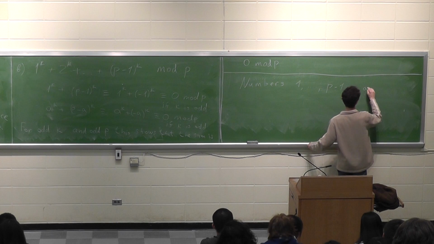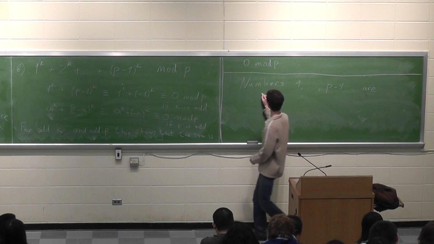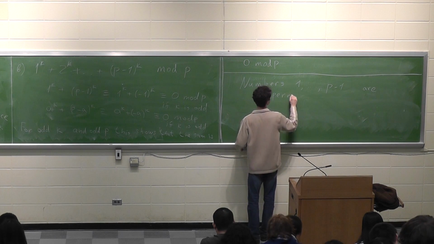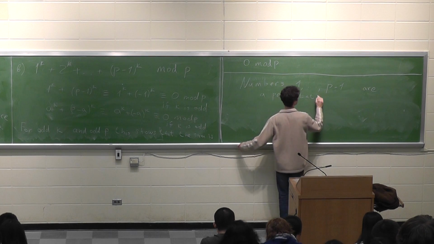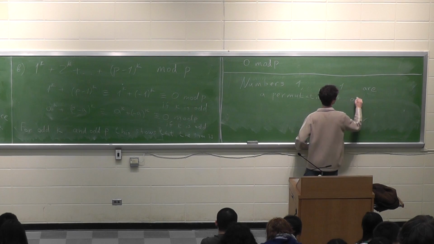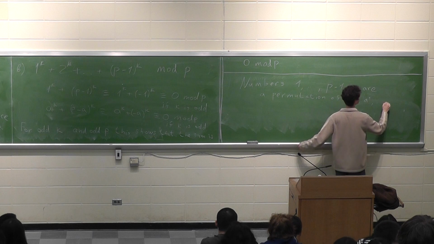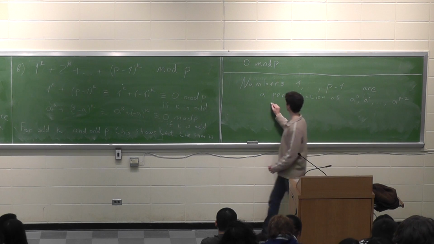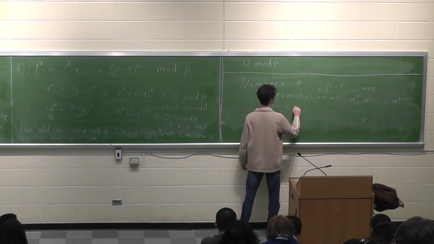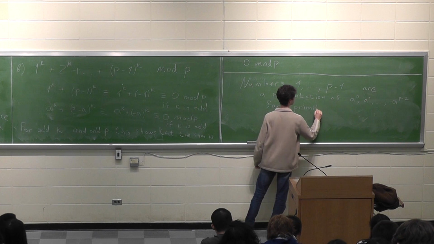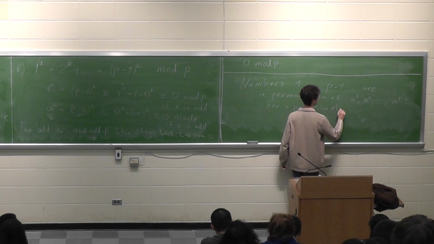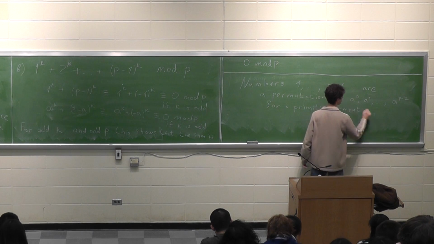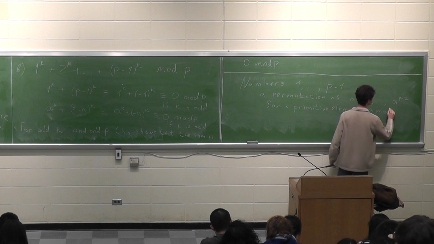So it's a permutation of a to the power 0, a to the power 1, up to a to the power p minus 2, for the primitive element a modulo p.